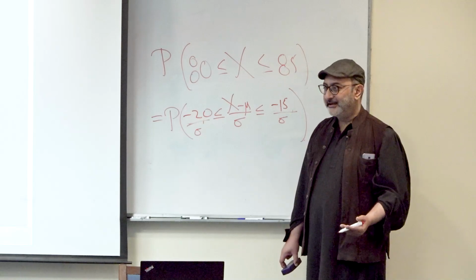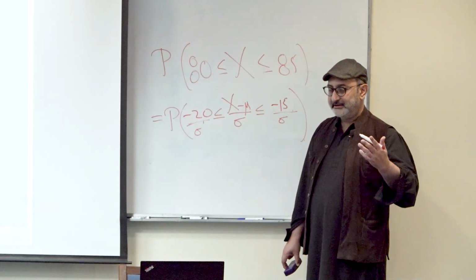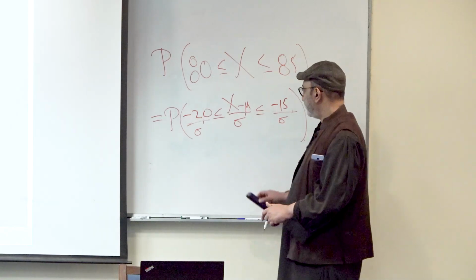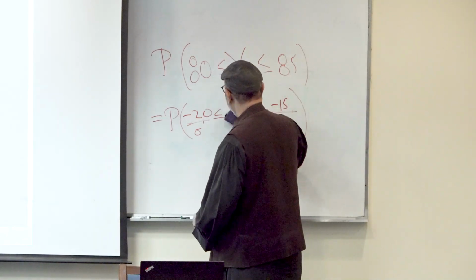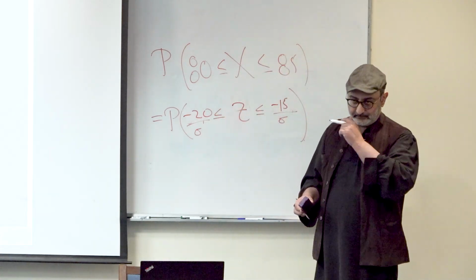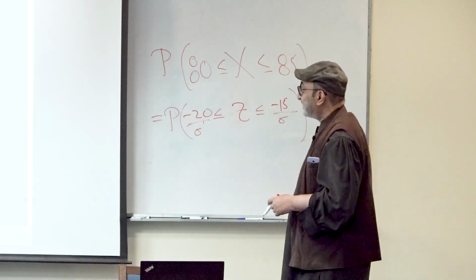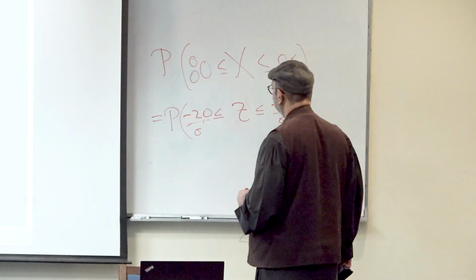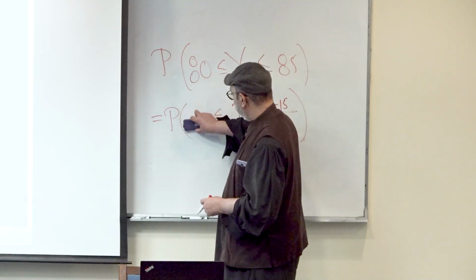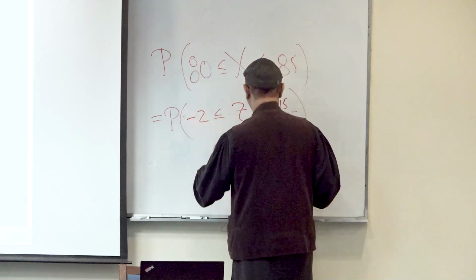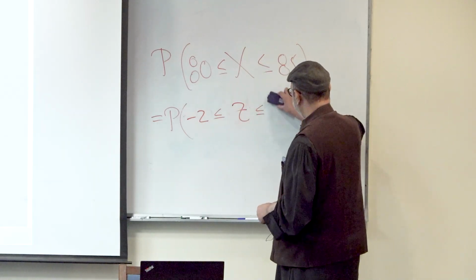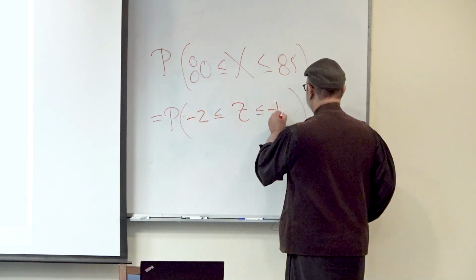That's how you standardize the normal random variable into the standard normal random variable. So this is now the standard normal random variable, right? Okay, what was sigma? Sigma was 10. So minus 20 over 10 is minus 2, and minus 15 over 10 is minus 1.5.